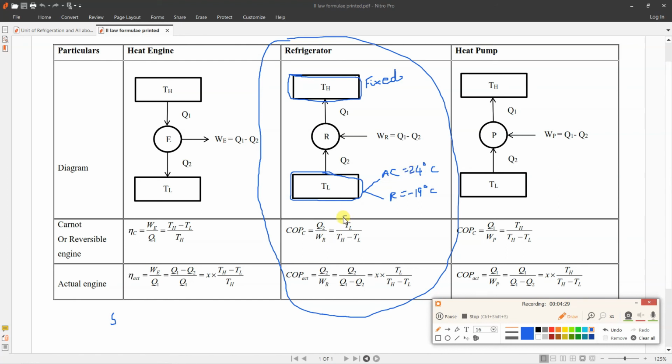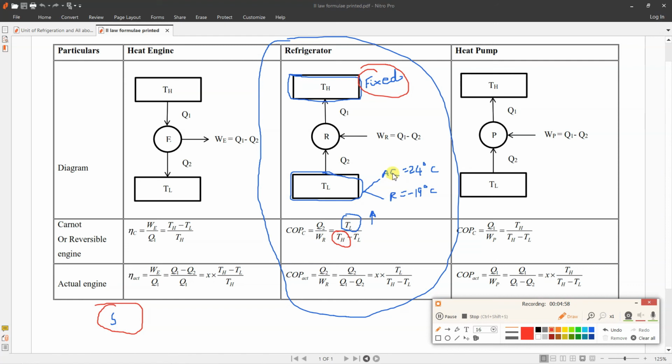From this formula, if T low is more, COP is more. And we are fixing this T high value, because we are considering only one season, summer season. So T high is fixed, and you can only change T low, which will change based on application.